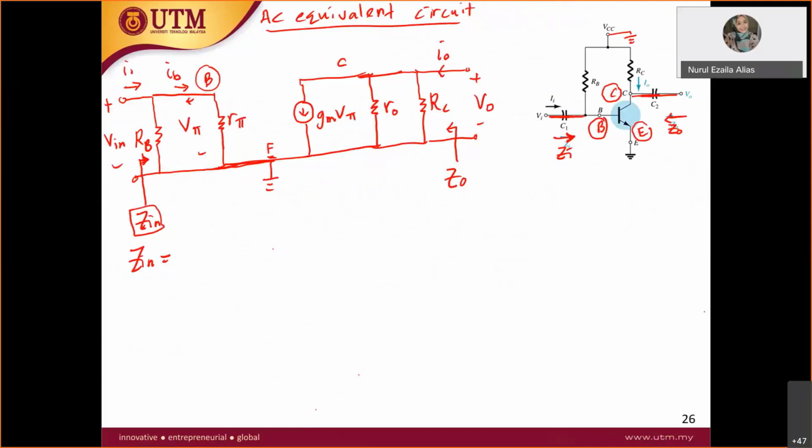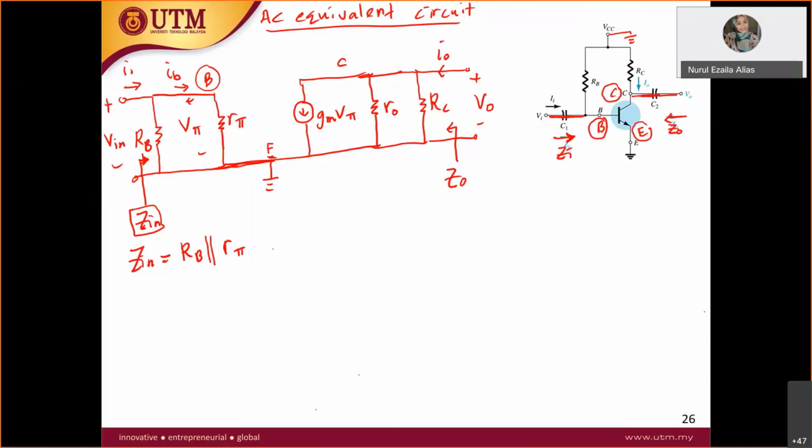What are the total resistors there? Someone? You are seeing RB, and what else? R pi. Yes, correct. What happened to the two resistors? These two resistors are in parallel. Therefore, the Z in is RB parallel with R pi. That's how you get your Z in.